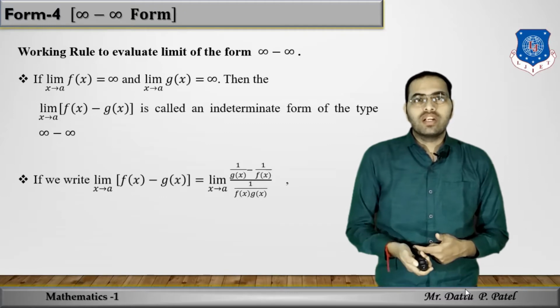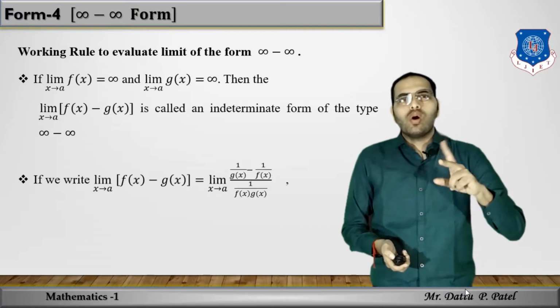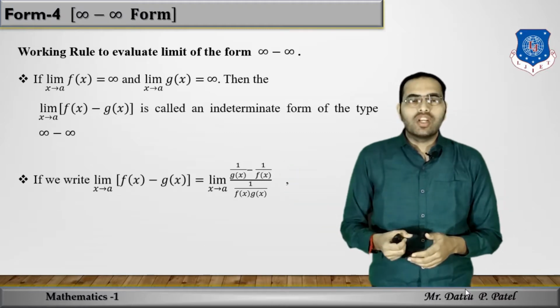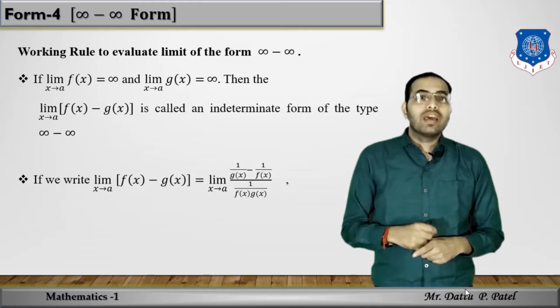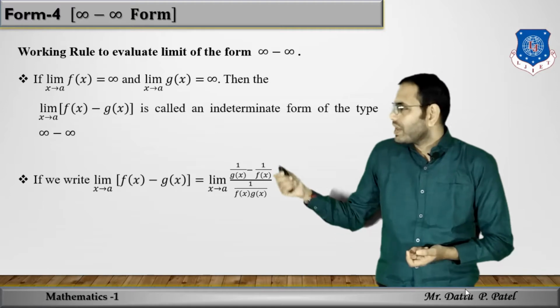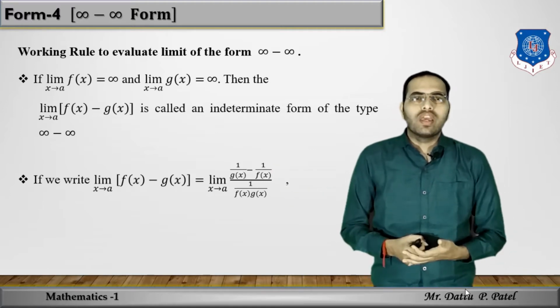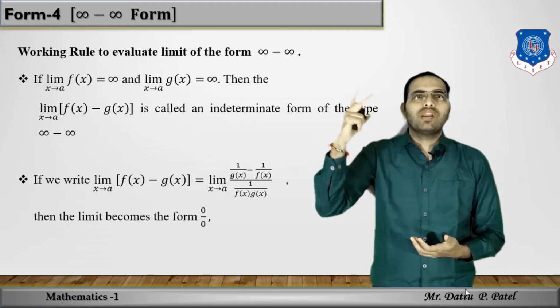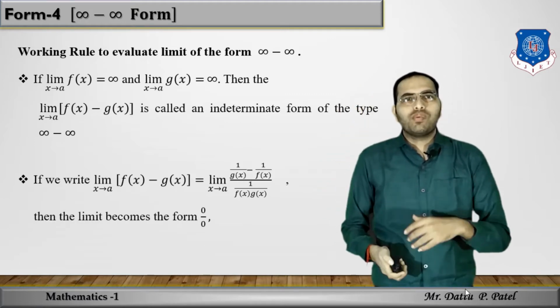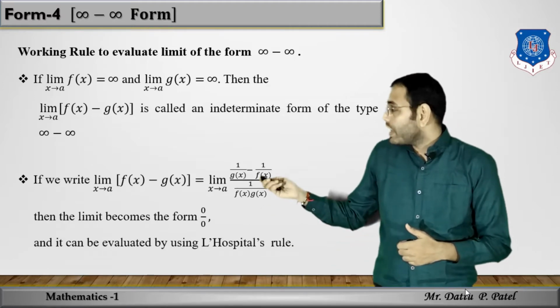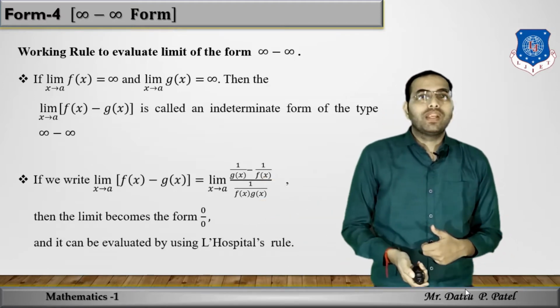Then we have to convert it into 0 by 0 or infinity by infinity form with the help of simplification or cross multiplication, like limit x tends to a of f(x) minus g(x) equals limit x tends to a of (1 upon g(x) minus 1 upon f(x)) divided by (1 upon f(x) into g(x)). Then we have to apply L'Hopital's rule.